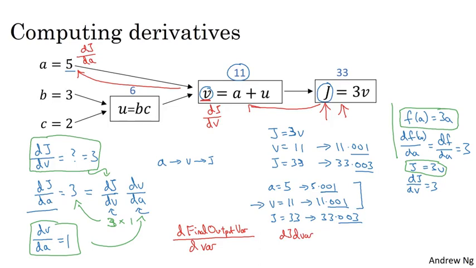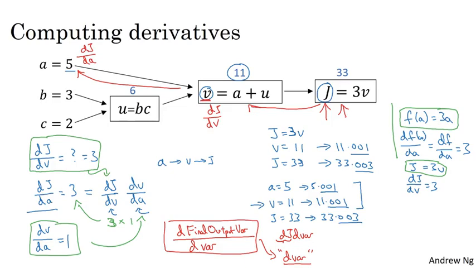But because you're always taking derivatives of this final output variable, I'm going to introduce a new notation where, in the code you write, we're just going to use the variable name dvar to represent that quantity. So dvar in the code you write will represent the derivative of the final output variable you care about, such as J, or sometimes the loss L, with respect to the various intermediate quantities you're computing in your code.